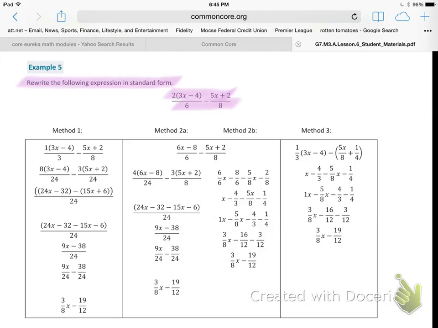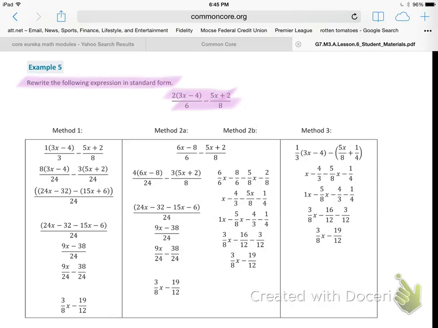And there are a number of ways to start. As you can see, they've shown a few here. You want to rewrite it, so we could use the distributive property to rename, and you can look right here.